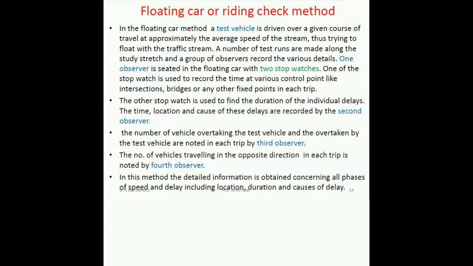The fourth observer notes the number of vehicles traveling in the opposite direction in each trip. In this method, detailed information is obtained concerning all phases of speed and delay, including location, duration, and causes of delay.